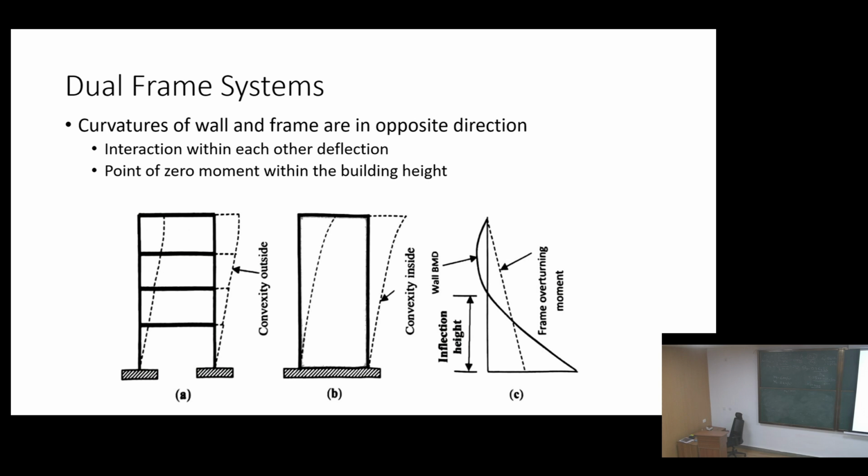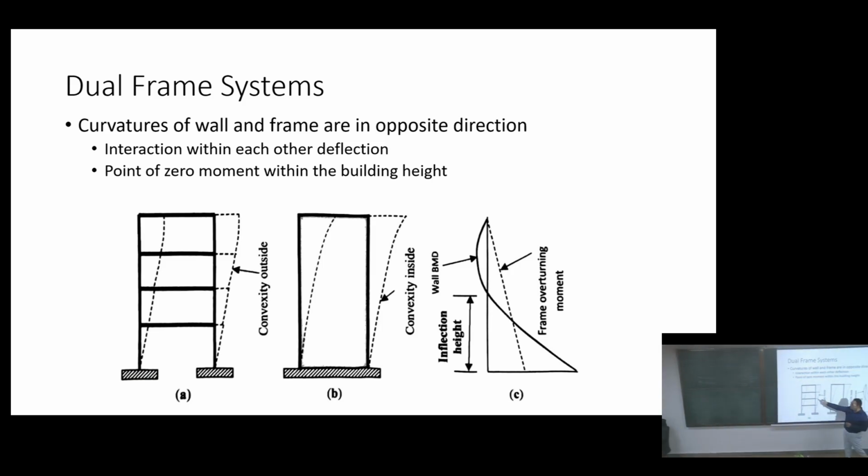There is the curvature of the wall and the curvature of the frame. Generally, because of the disparity in stiffness, the curvatures are in different directions. So if it's convex outside, then the convexity is inside for the walls. So it's bending like this, but this would bend like this.